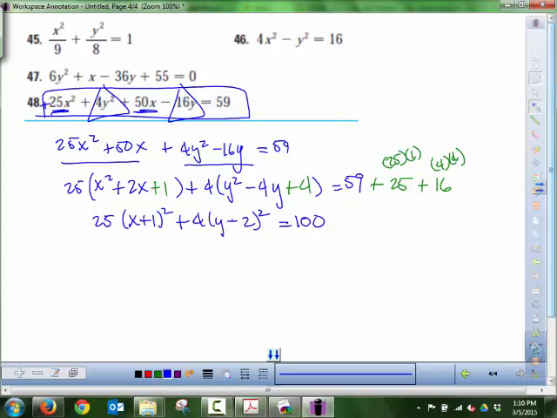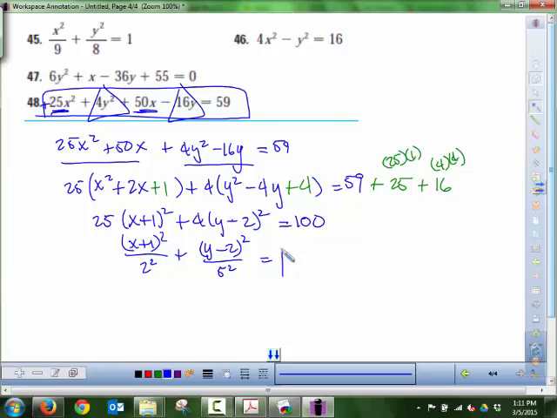Now to make it really look like an ellipse, we want to divide out by 100. So we get x plus 1 quantity squared divided by 100 over 25, which is 4. We'll write 4 as 2 squared just so we can identify our a, b, and c. Then y minus 2 squared, dividing 100 by 4 is 25, and then we have 1.